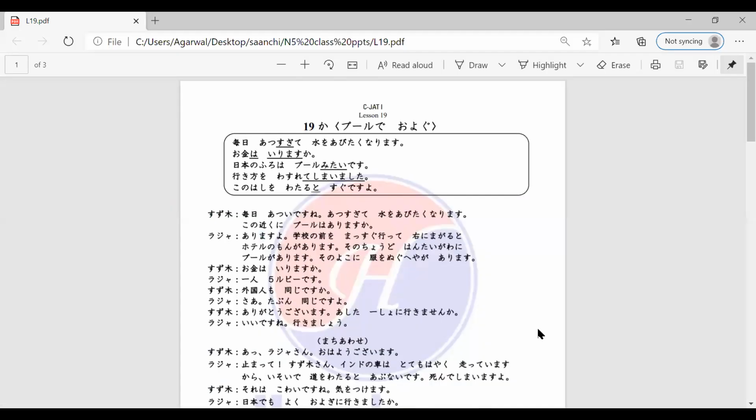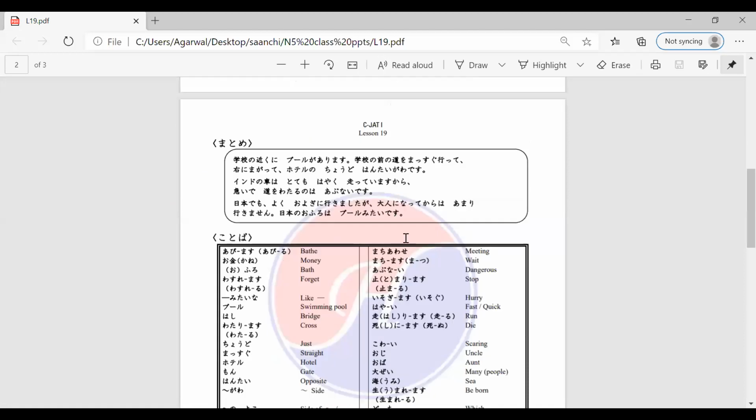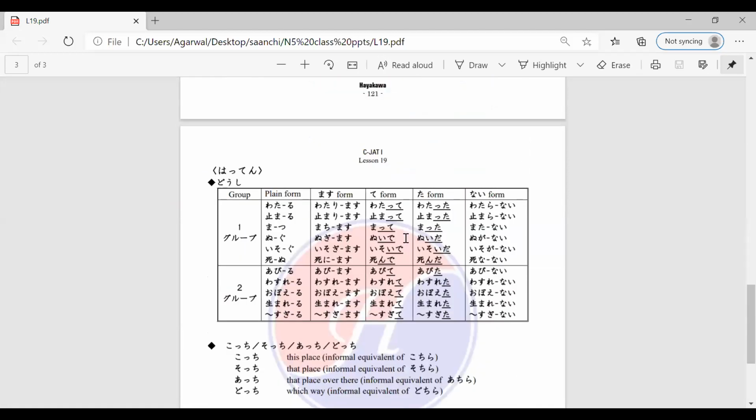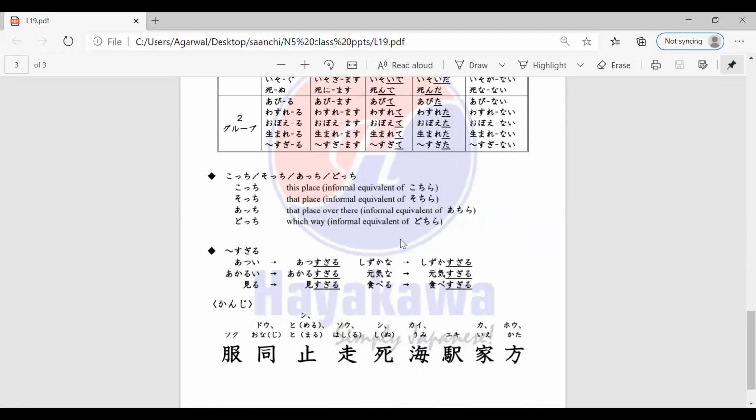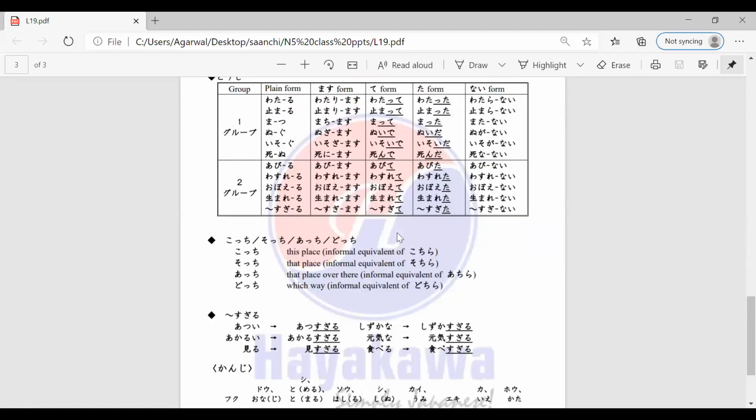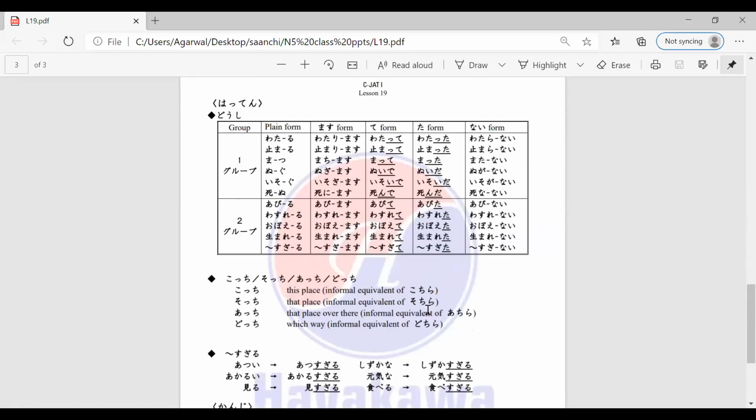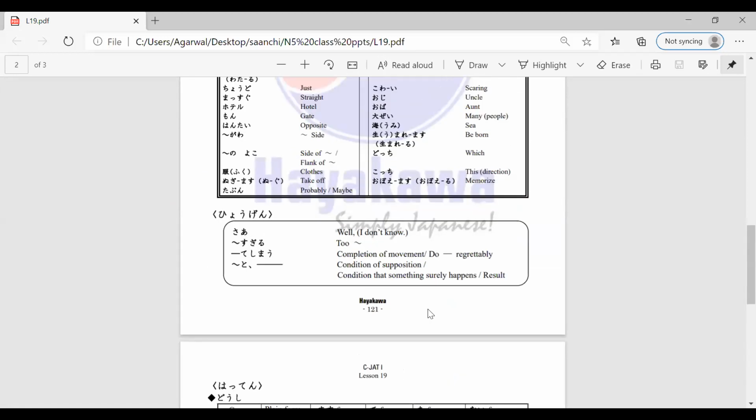So this is your lesson. In your Hatsuon, you have Kochi, Sochi, Achi, Dochi, which is an informal way of saying Kochira, Sochira, Achira, or Dochira when it comes to directions. Then in your Yōgen, you have the word Sa.